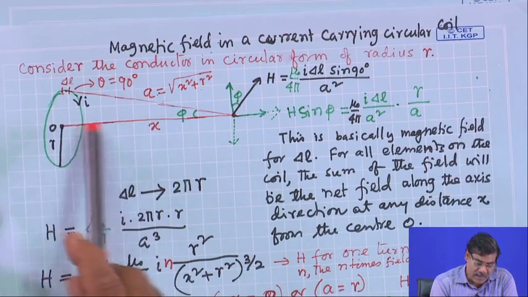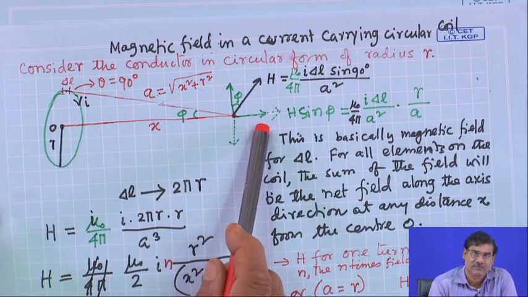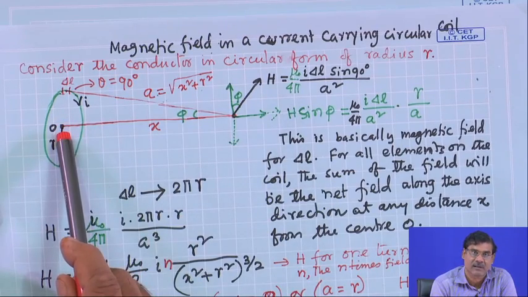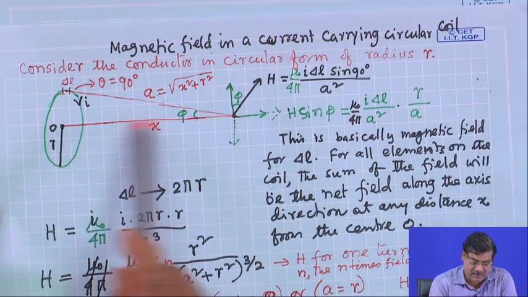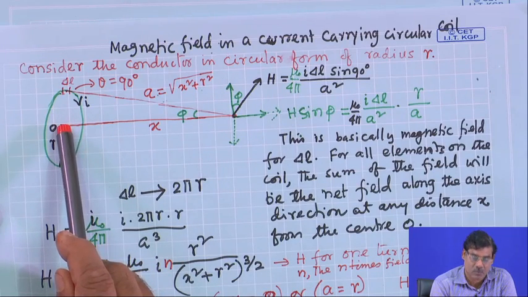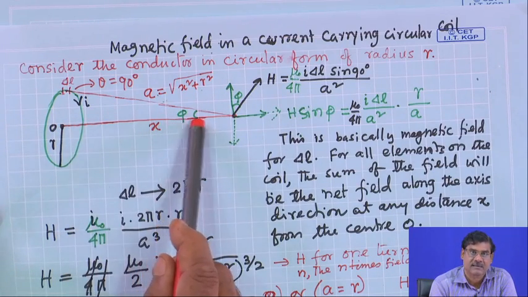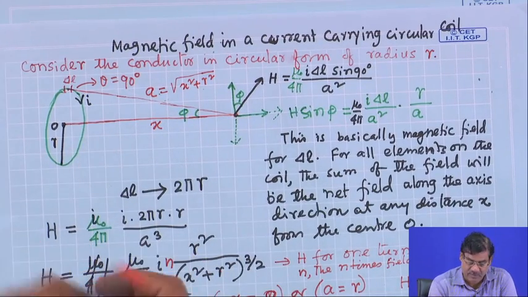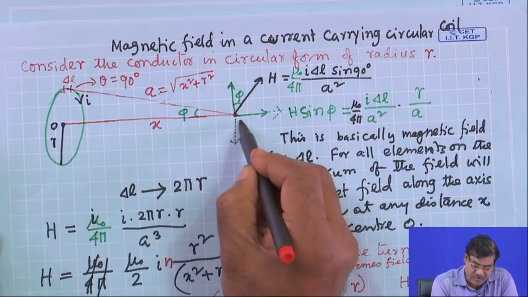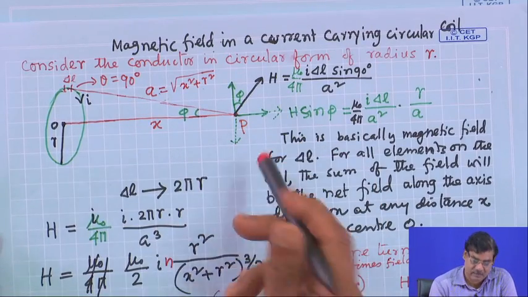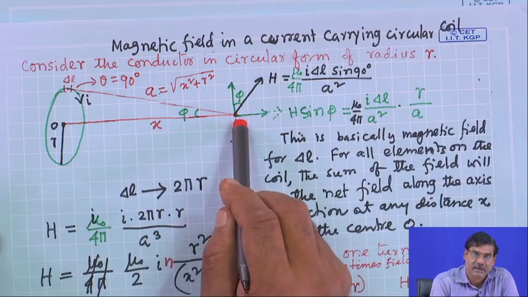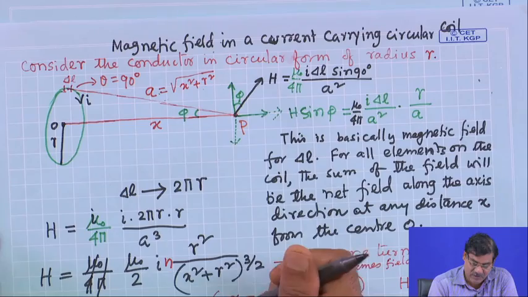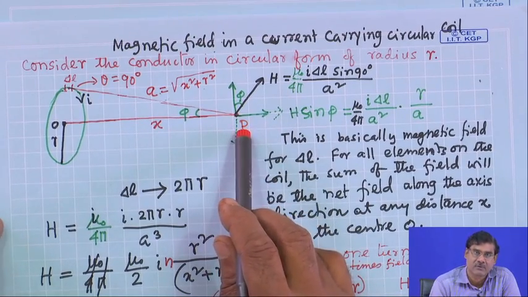Now, on the axis of this circular coil, this is the center of the circular coil, and on the axis, if from this point O, the distance is x, at this point say point P, what will be the magnetic field due to this circular current carrying conductor? So, that is what we want to find out.